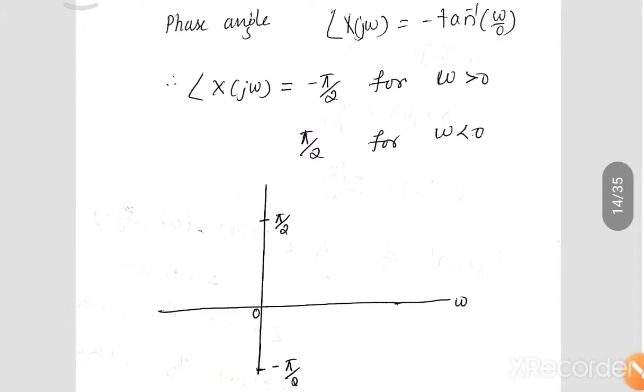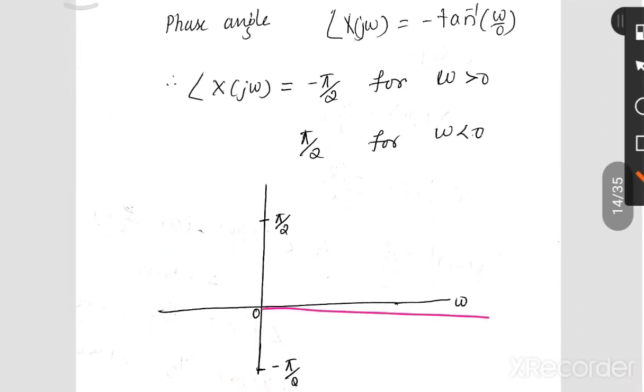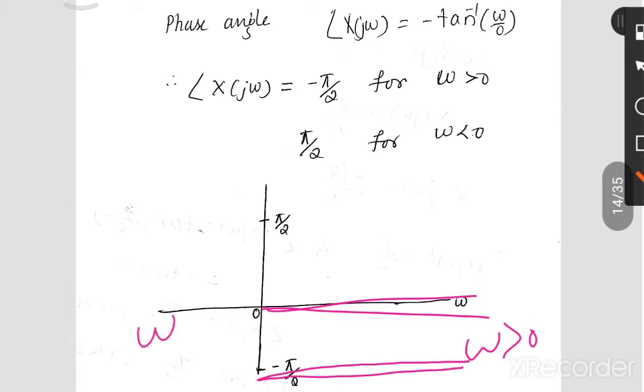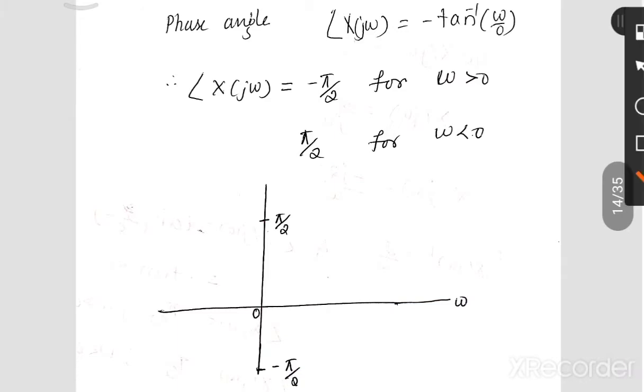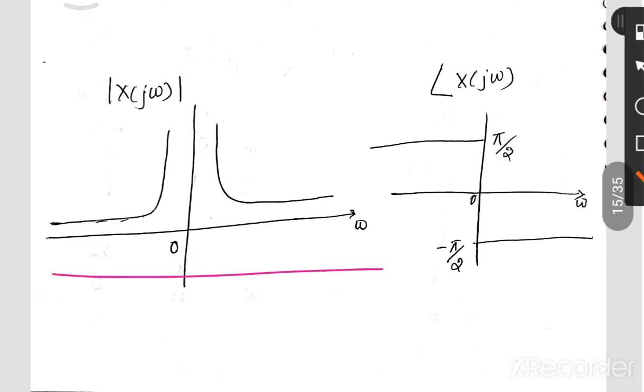So directly we can write: for omega greater than 0 it will be minus pi by 2, this is your phase angle, and for omega less than 0 it will be plus pi by 2. Therefore the phase spectra will be like this, that we can observe here. This is the magnitude and this is the phase.